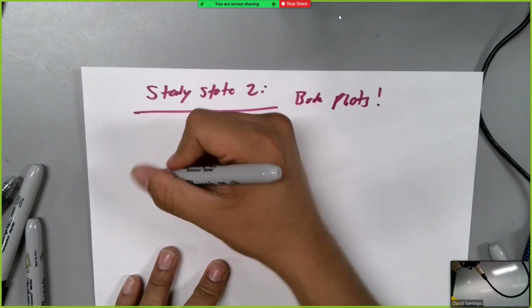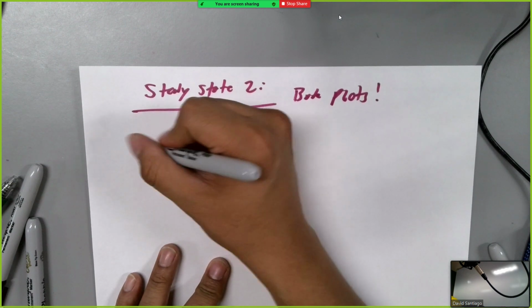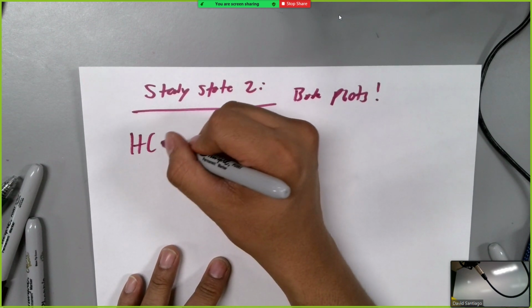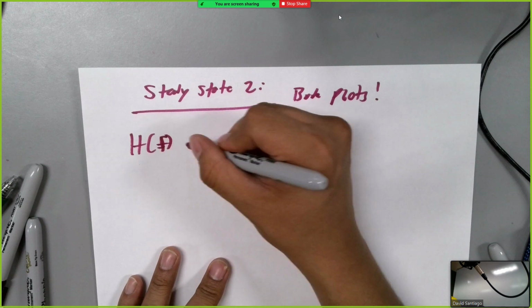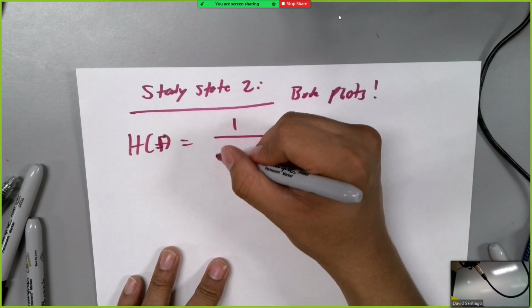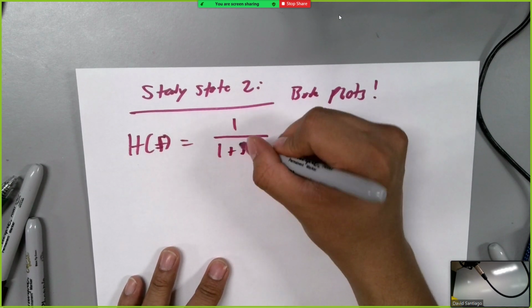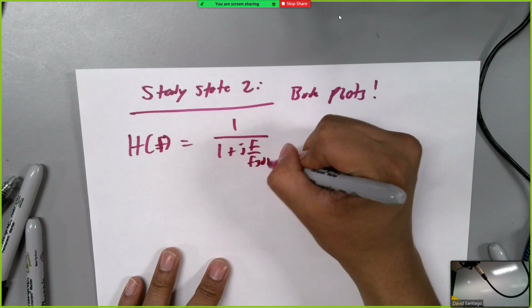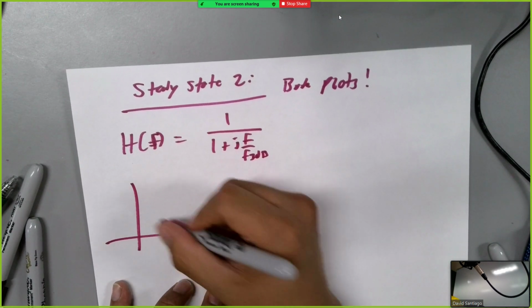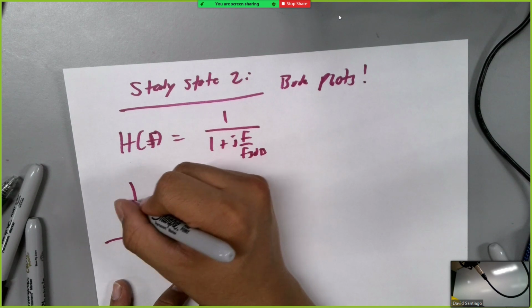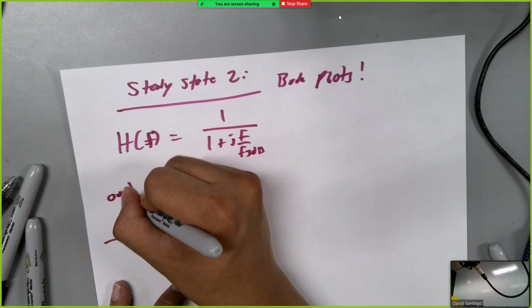Okay, where you had literally the transfer function. Look at your transfer function, H of f, which is equal to 1 plus jf over f3 dB, okay, where you had the following. Let's make this 0 dB.